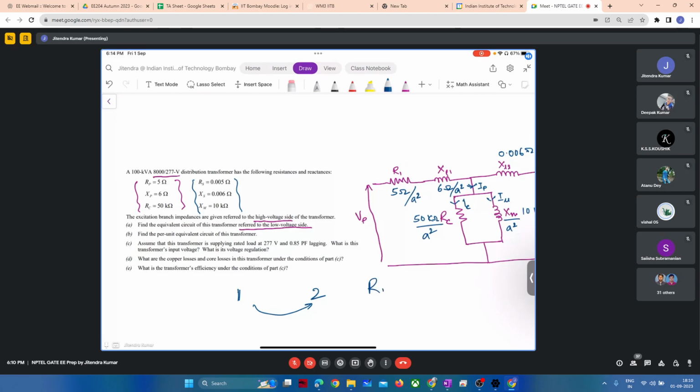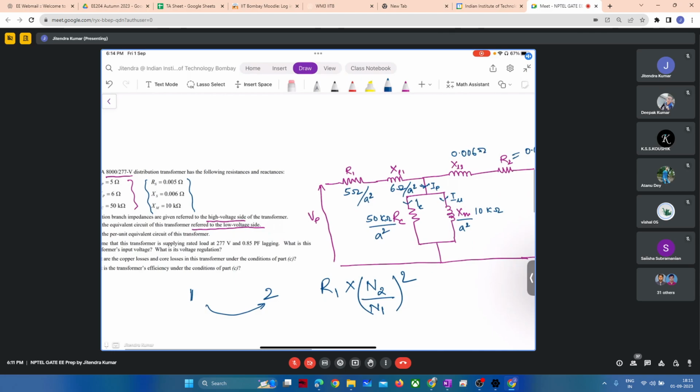If you are referring R1 from the primary to secondary, you have to multiply with the number of turns of the side where you are transforming, that will be N2, divided by the number of turns of the side you are coming from, so that will be N1, and you have to square it. Okay. So that will be your overall resistance referred to that side.